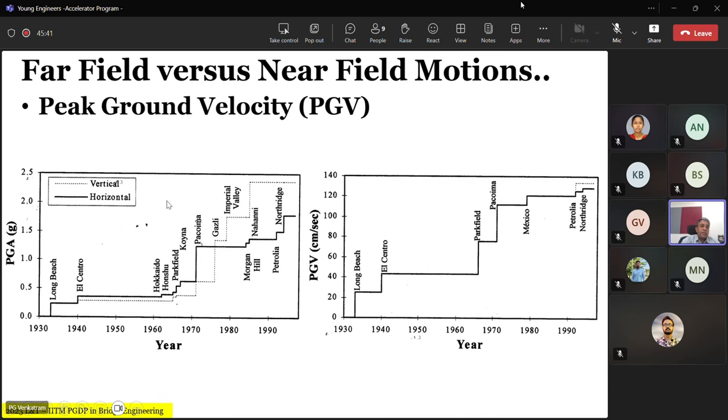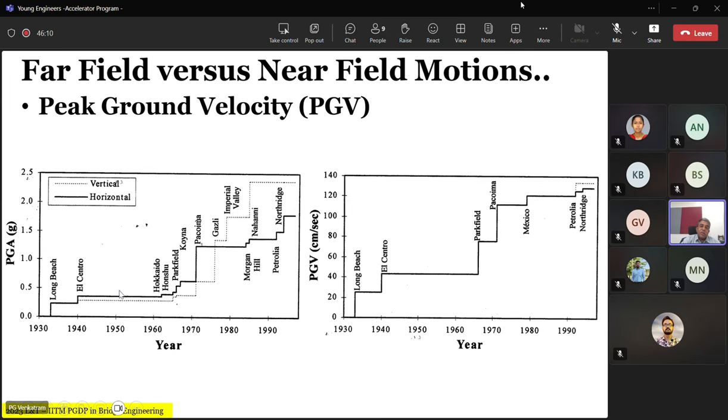You can see that the peak ground acceleration for some of them, the horizontal one, has been around 1.8 times the acceleration due to gravity, and the velocities are measured in centimeters per second. They are also quite high, 120 centimeters, about 1.2 meters per second, in the vertical direction.